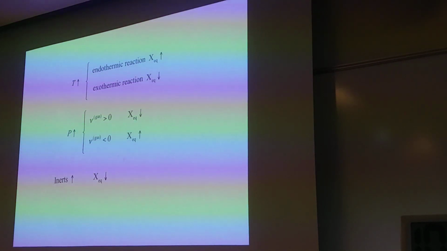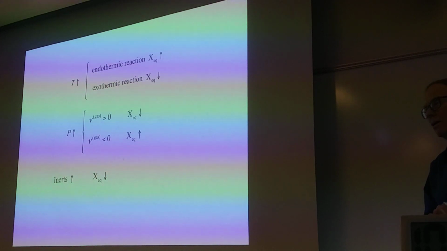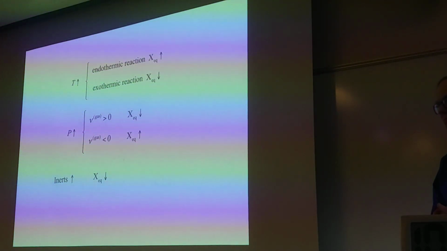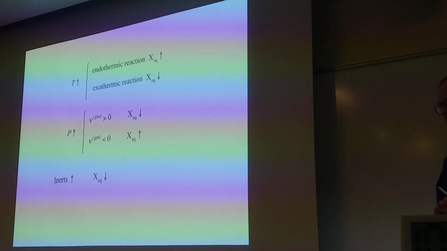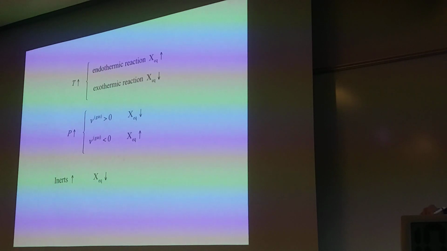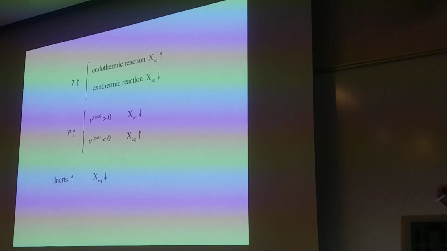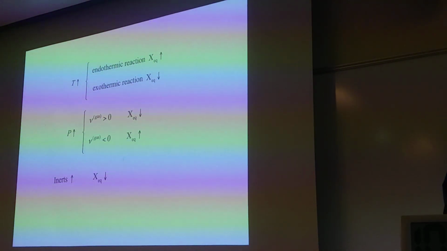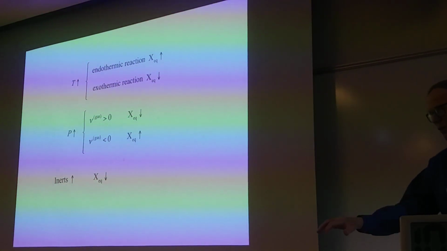Because we've had an example with 1 SO2, 1/2 O2 goes to 1 SO3, but that could also be described as 2 SO2, 1 O2. Oh, I see. If you multiply everything, it will come out the same. You just correspondingly increase them, but in proportion. Okay. So it's usually best to write the lowest values you can.